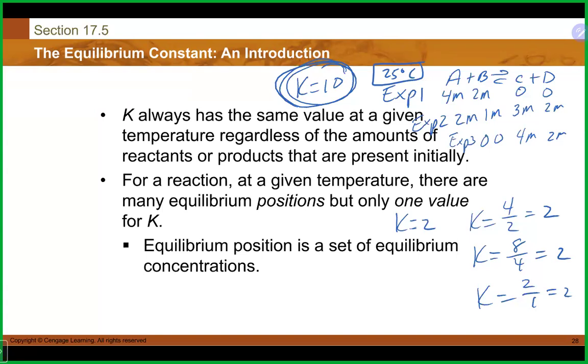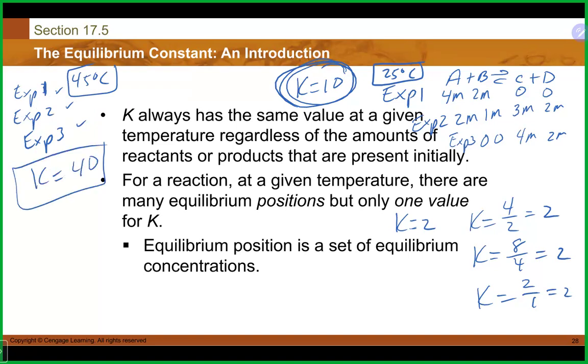So what do we mean when we talk about if you change the temperature, you will get a different value of K? What we mean by that is if we did the exact same 3 experiments here, 1, 2, and 3, for this exact same reaction, but we did it at 45 degrees Celsius, we would get the exact same K value for every experiment we did, but the K value in this case may be like 40 instead of 10.